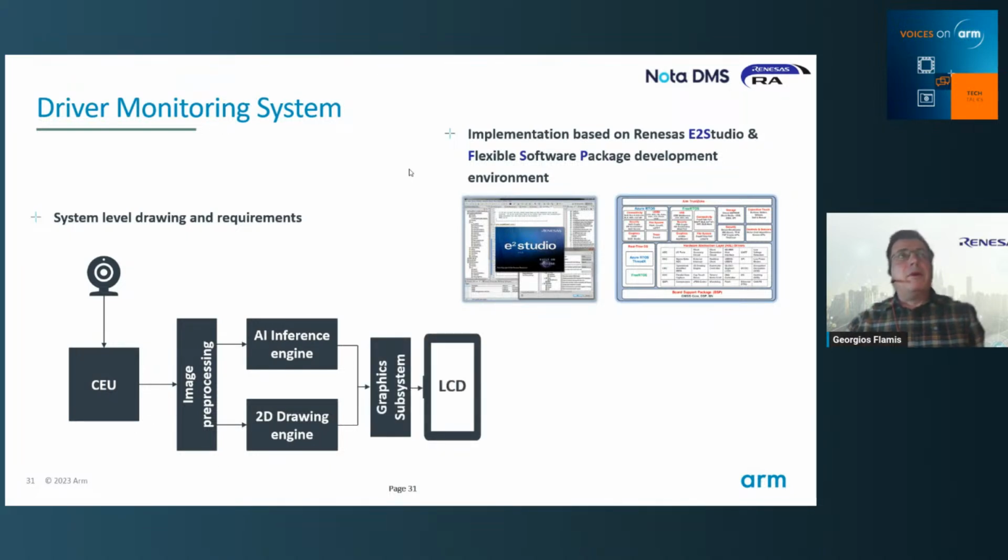It starts with a camera, on the mid left, that drives through the CEU. CEU means capture engine unit, a capture module that fetches image data from the external input and transfers it to the memory. It can capture images at different resolutions, including JPEG, RGB and others, and can also do some format conversion at different points.